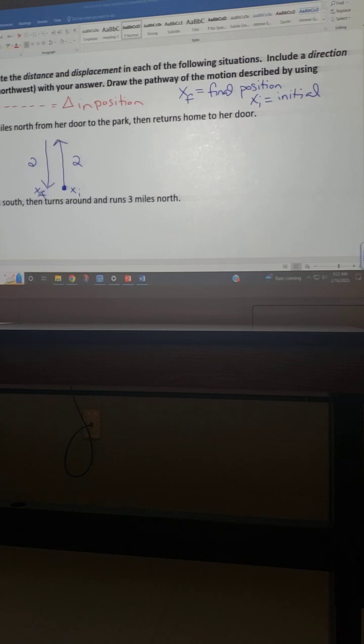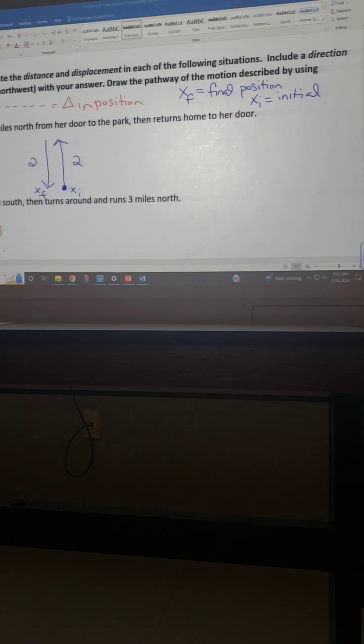So Amy runs 2 miles south, then turns around and runs 3 miles north. So, 2 miles south, turns around and goes 3 miles north.